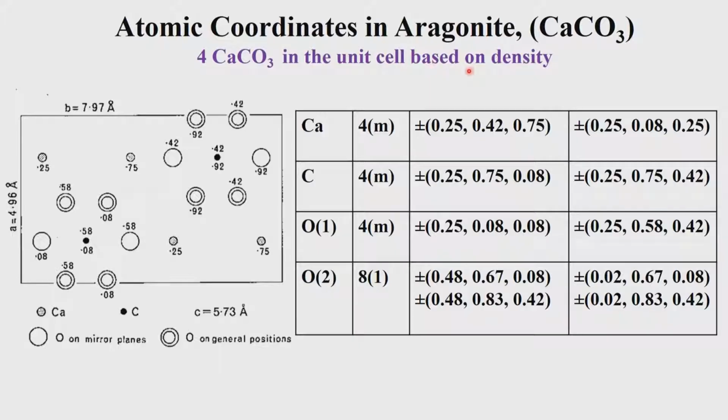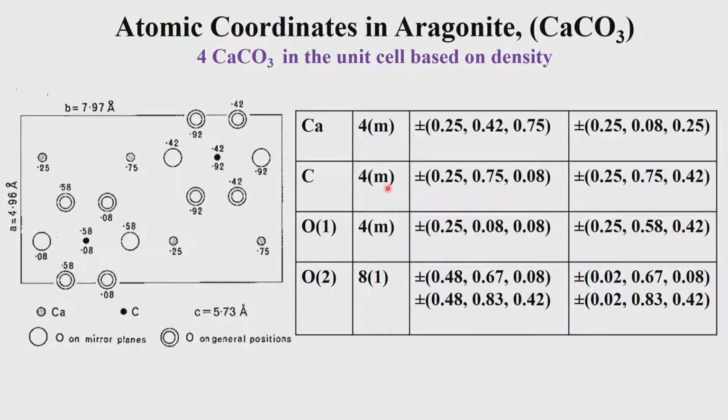But at this particular moment we see that there are 4 calcium carbonate units in the unit cell based on the density, and the atomic coordinates are given in this table. The atomic coordinates tell us that there are 4 calcium atoms. The calcium atoms decide to sit in the mirror symmetry position, which is generating the special 4 positions, Z equals 4. So, we will have therefore 4 calcium atoms.